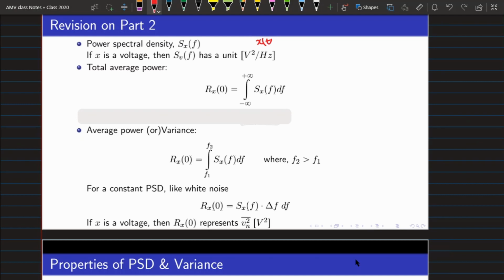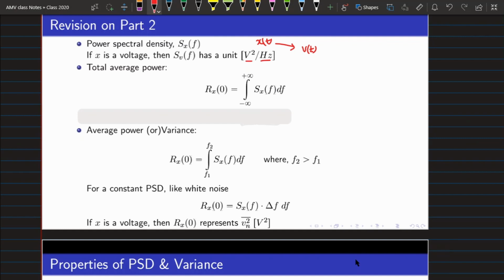Now, one could represent the power spectral density of this random process x of t as S suffix x of f. In case this random process x of t is representing a voltage, say v of t, then one could represent the power spectral density of this voltage source by S_V of f, and it has a unit of volt square per hertz.